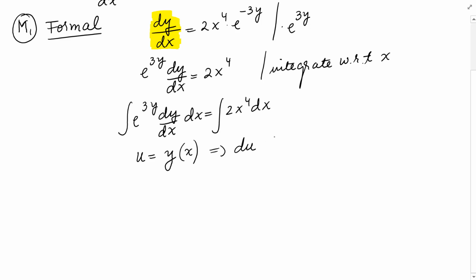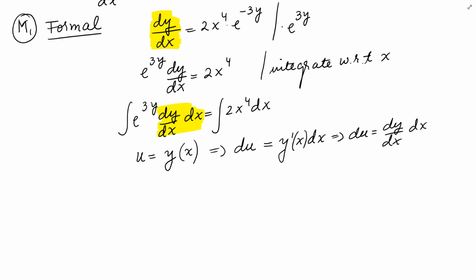That means the differentials are du equals y prime of x dx, or I can write du equals dy/dx times dx. So basically, this whole quantity that is here highlighted in yellow is equal to du.